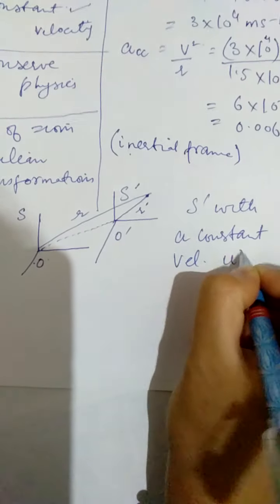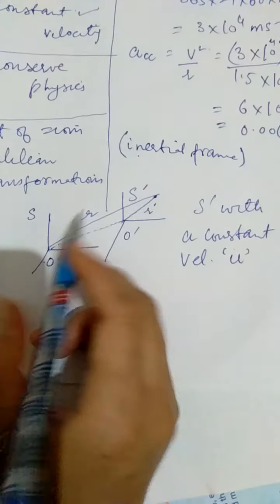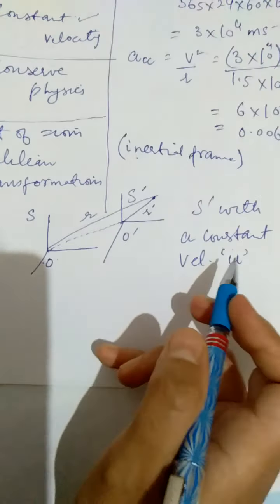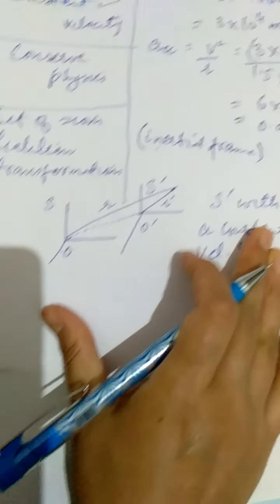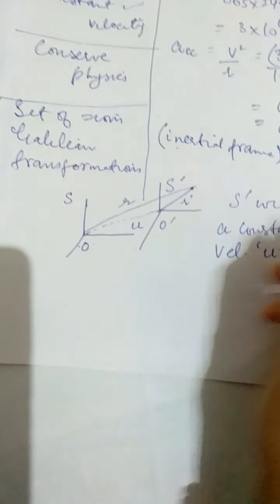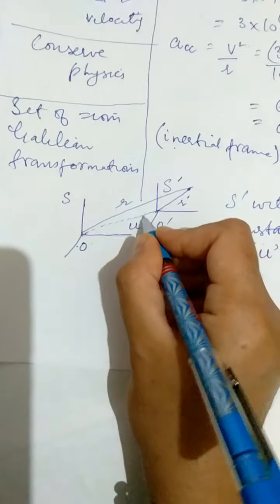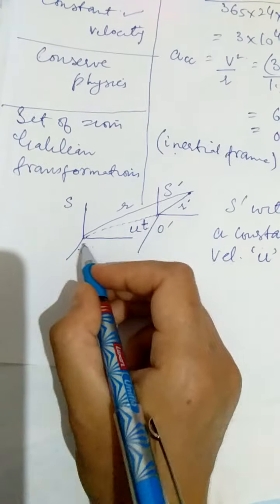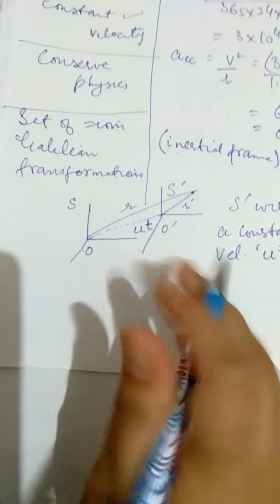Constant velocity u, for example, with respect to S. S dash is moving with the constant velocity u with respect to S, right? Now it is moving with the velocity u, and I'm showing it this way. So this distance will be ut, velocity into time.